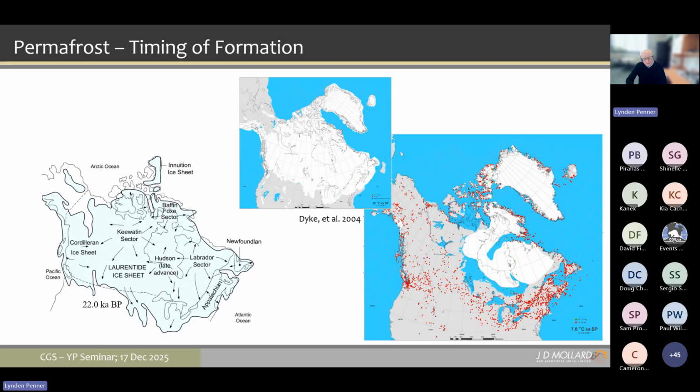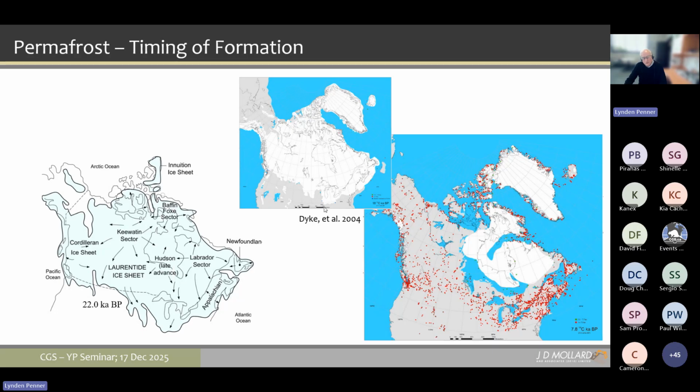There was thawing of the ground, and so some of the permafrost that we see is remnant permafrost from these glacial conditions, and other permafrost formed after the deglaciation.